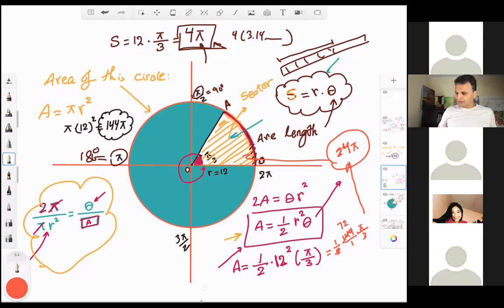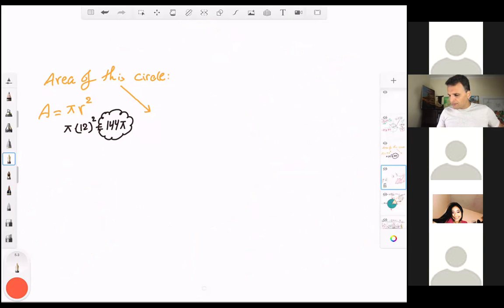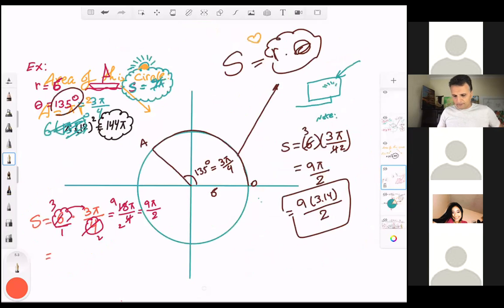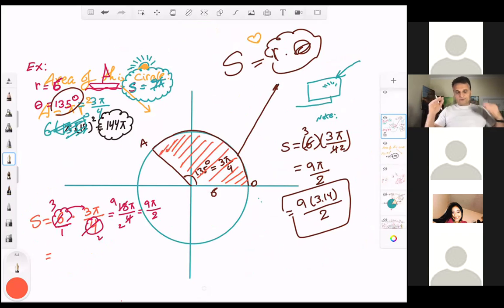Question? So now let's find the area of the other question. This one. Okay, let's find the area of this sector. So the area means we're looking for the inside of the shape, correct? That's what area means.